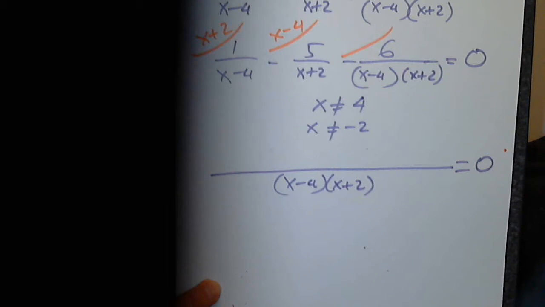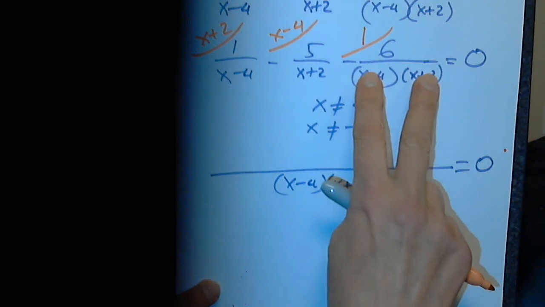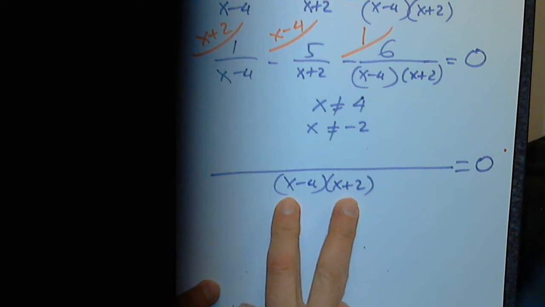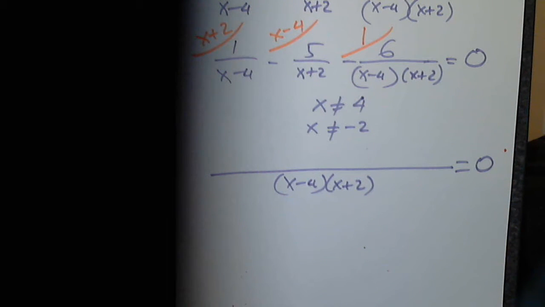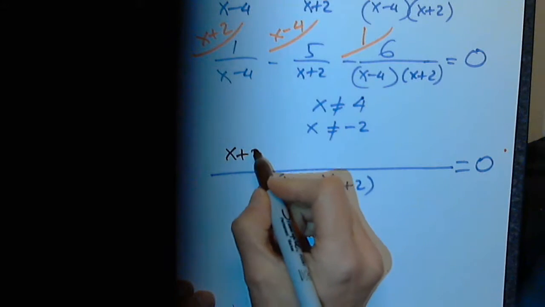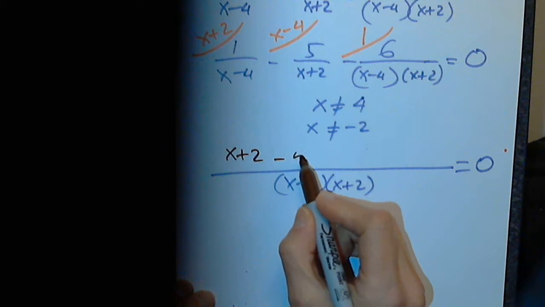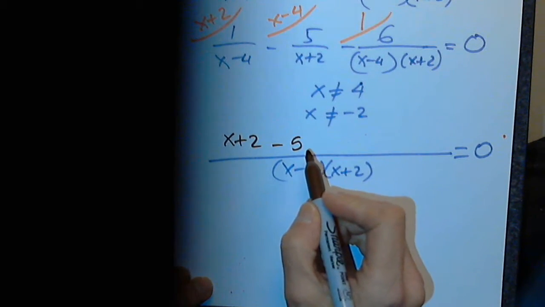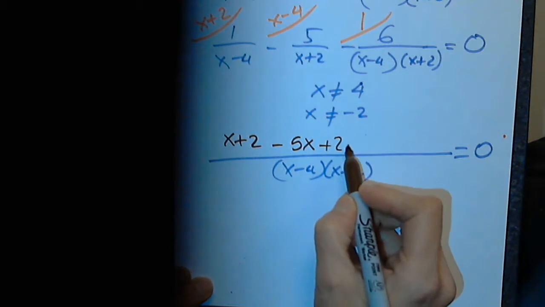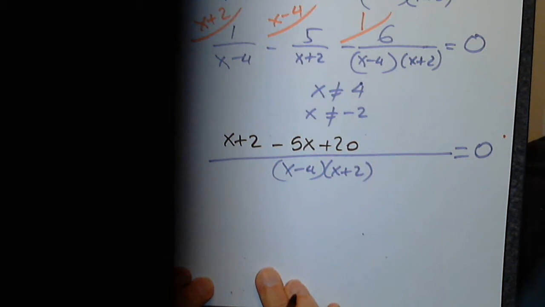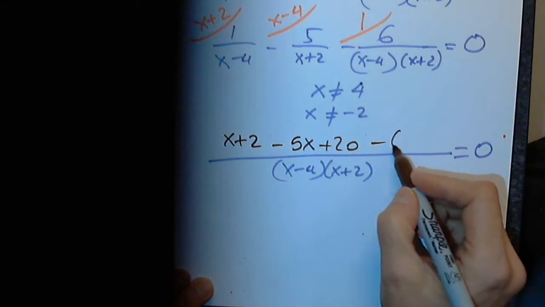X plus 1. Can anyone give us the top now? X plus 2 minus 5. Parentheses x minus 4. Yeah, I refuse to write that. It's not wrong. It's perfect. X minus 6. Very good.